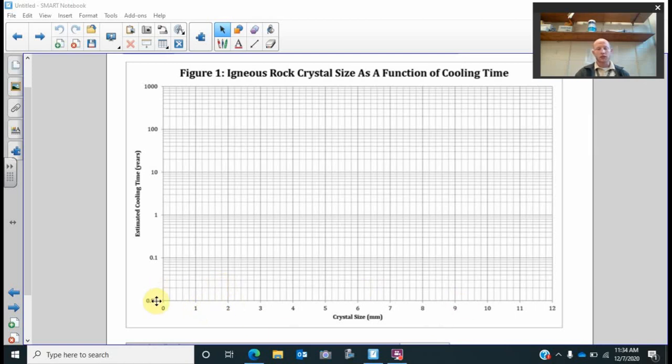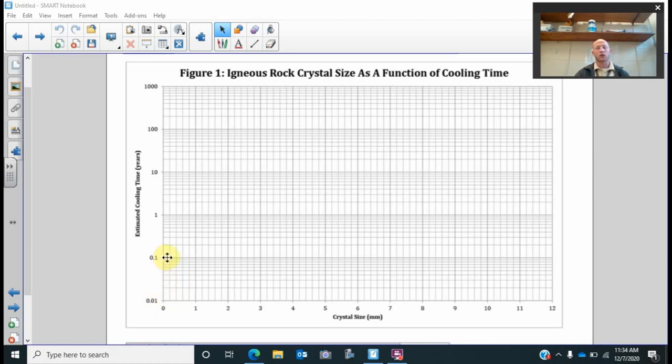And then on this axis, these increase every time we go. These increments right here, from here to here, if you took a ruler, they're the same distance. However, their numerical meaning increases by a power of 10 every time. So if we magnify 0.01 by 10, we get 0.1.